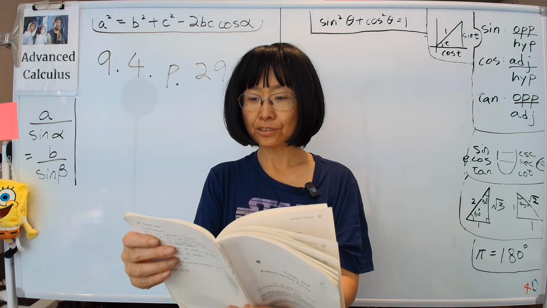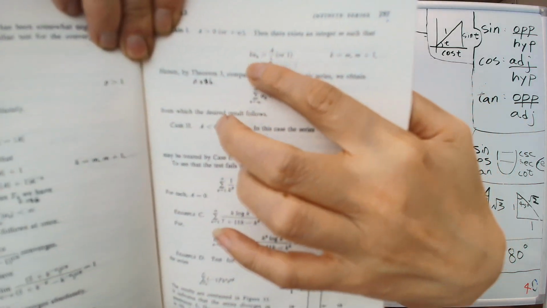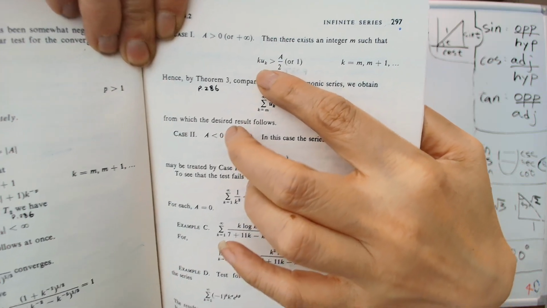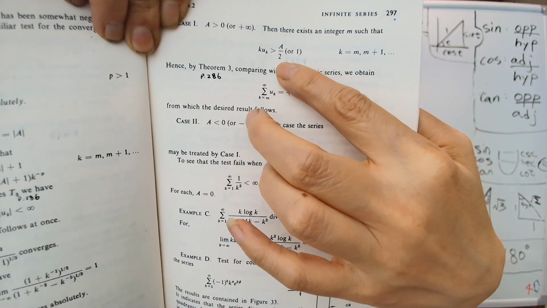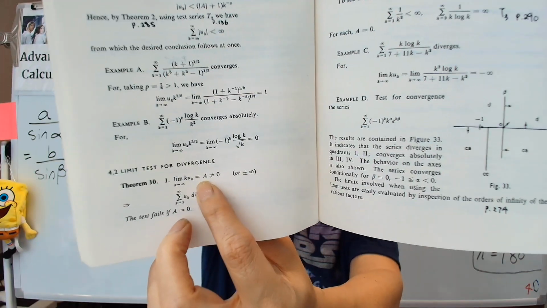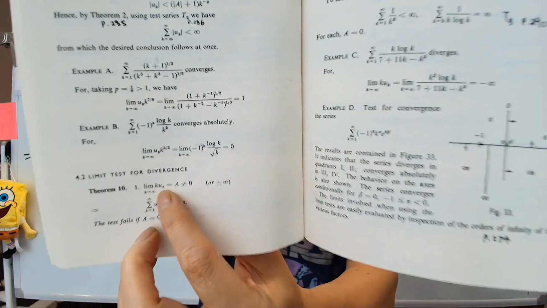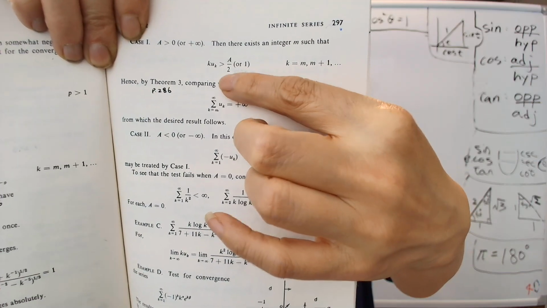Then if that is true, then of course as k gets bigger, at the end of the term, k times uk is going to be bigger than a over 2, being that, don't forget, k times uk is approaching a, right? So when the index is big enough, it should get at least up to a over 2, and a is positive, so it should get up there.